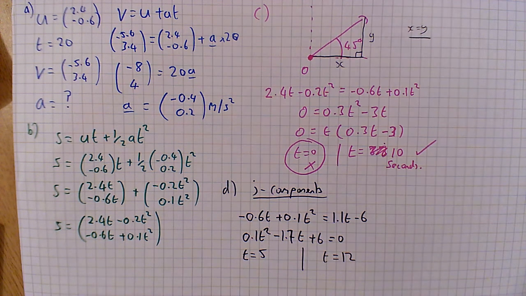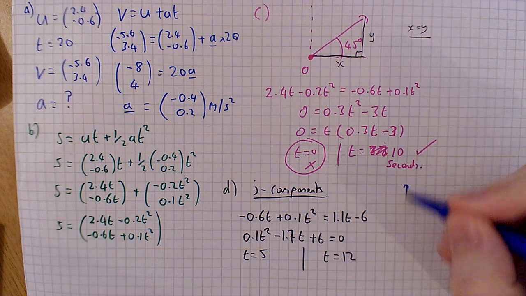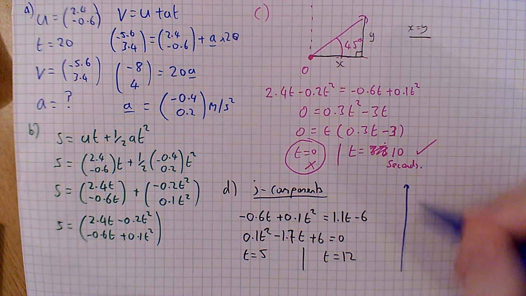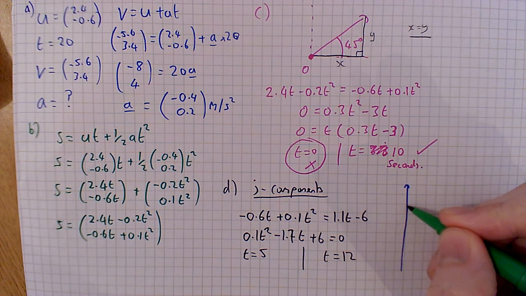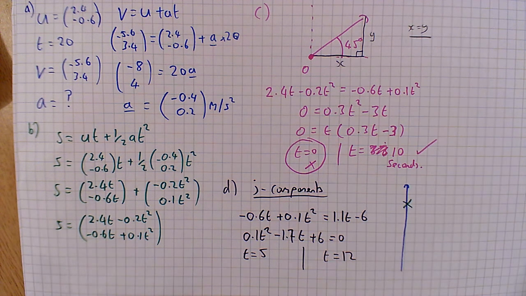So if I draw a little diagram of that, this is like the j component. We could have a situation where skater 1, my green one, is up here, and skater 2, which is the second one that's been introduced in part D, could be down here.